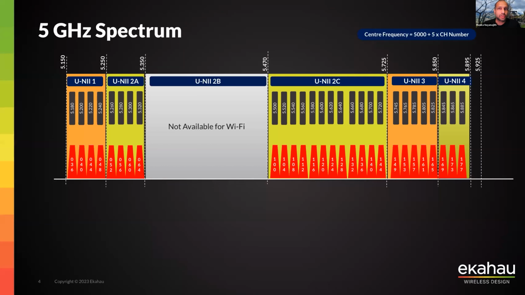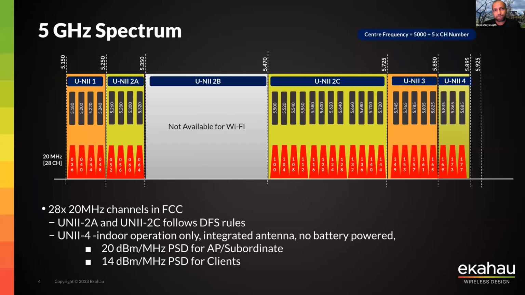But there are certain rules if you want to use UNII-4. Those UNII-4 channels can only be used indoors, and pretty much with integrated antenna kind of deployment. You cannot power it from the battery powered sort of way. There are certain power restrictions. So if you're combining UNII-3 and UNII-4, probably you have to go with the lowest common factor, which is UNII-4 capability. That's the one thing to keep in mind.